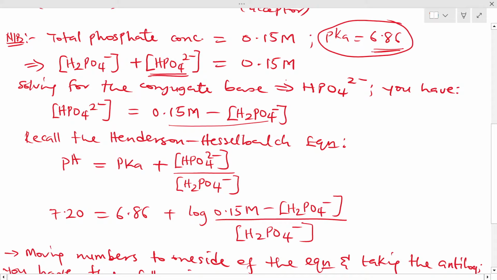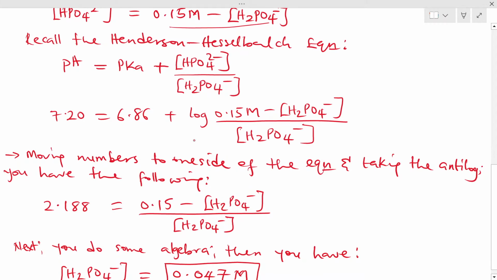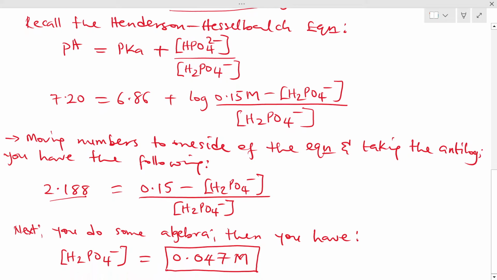So when we move the numbers to one side of the equation and take the antilog, what you have is this. When you do some simple algebra, this concentration is now equal to this. So this is very key.